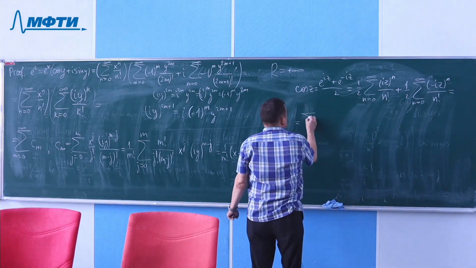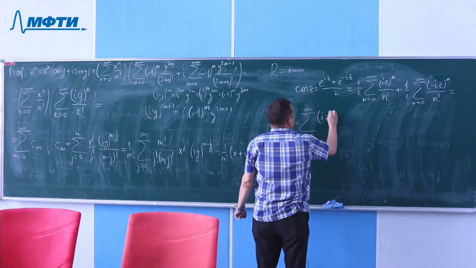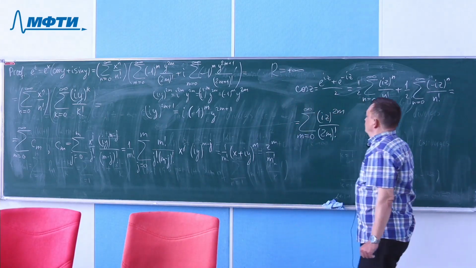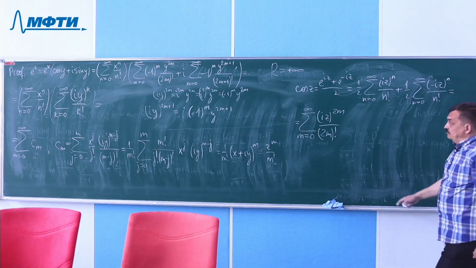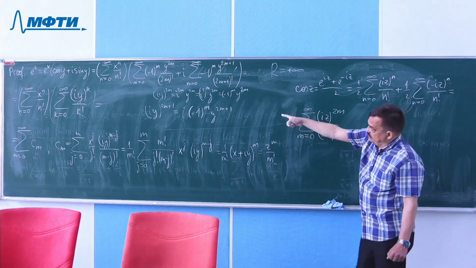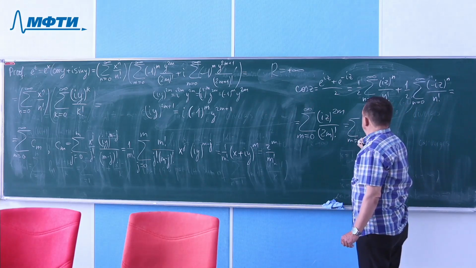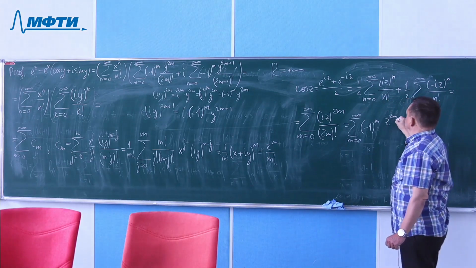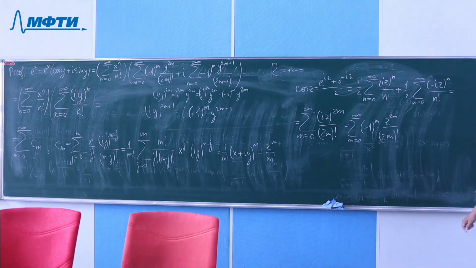So we have the sum for m equals 0 up to infinity of iz to the power 2m over 2m factorial. Only even terms are preserved, and i to the power 2m, as we considered before, is precisely minus 1 to the power m, so we get minus 1 to the power m z to the power 2m over 2m factorial. That is the second expansion, right?